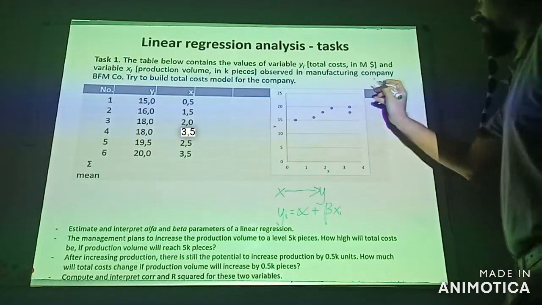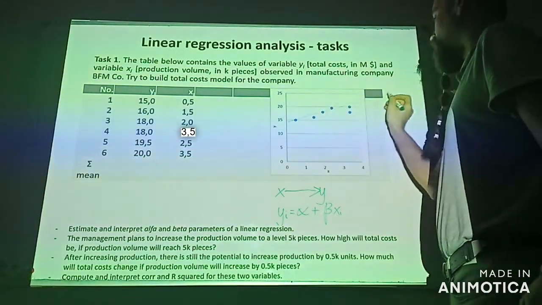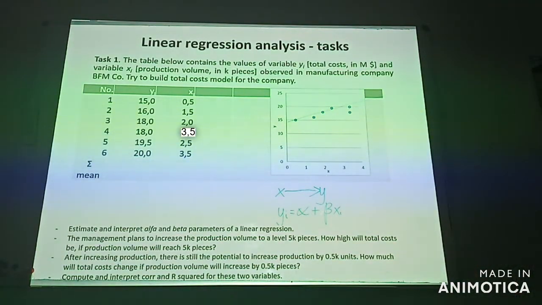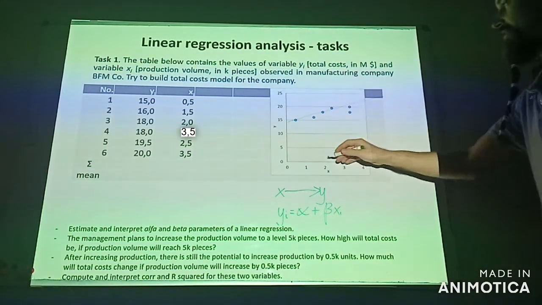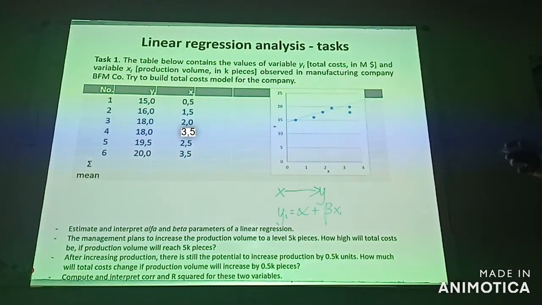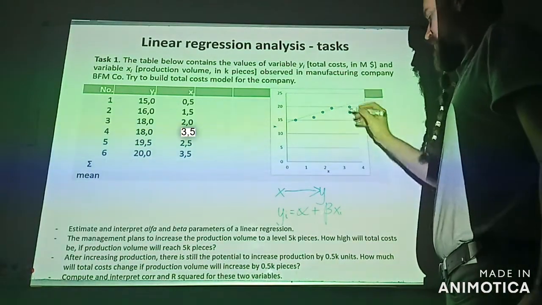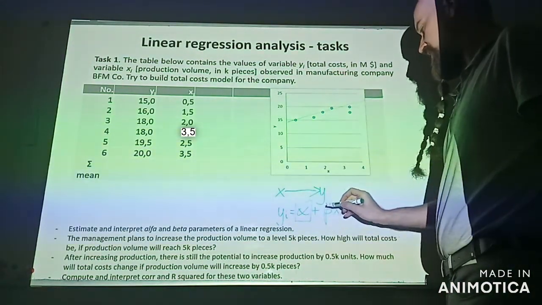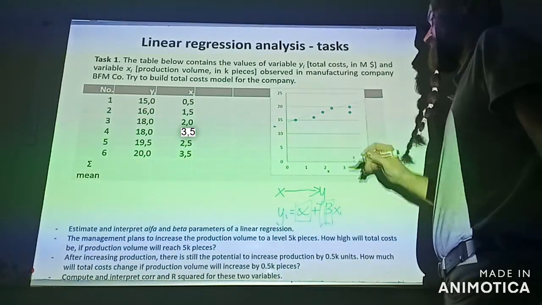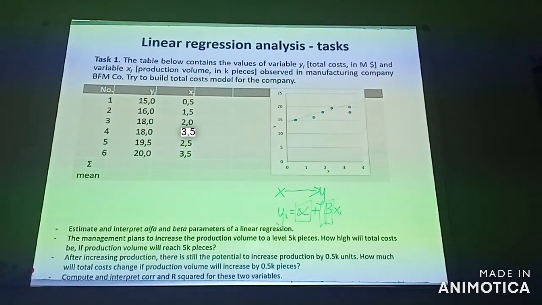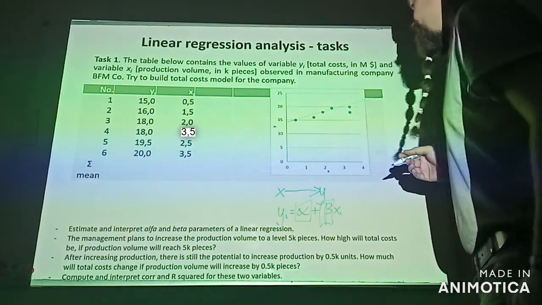Of course, we can perceive a positively correlated relationship, a positive linear relationship associated with x and y values, and we have to find unknown parameters of this kind of straight line that ensure the best fit to the empirical data.